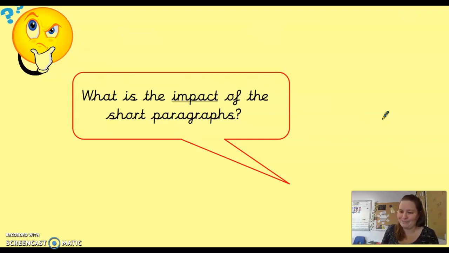Okay, so I think that the impact of short paragraphs is that it's easier to read. It's less kind of daunting or scary than a whole page of text. It breaks it up.